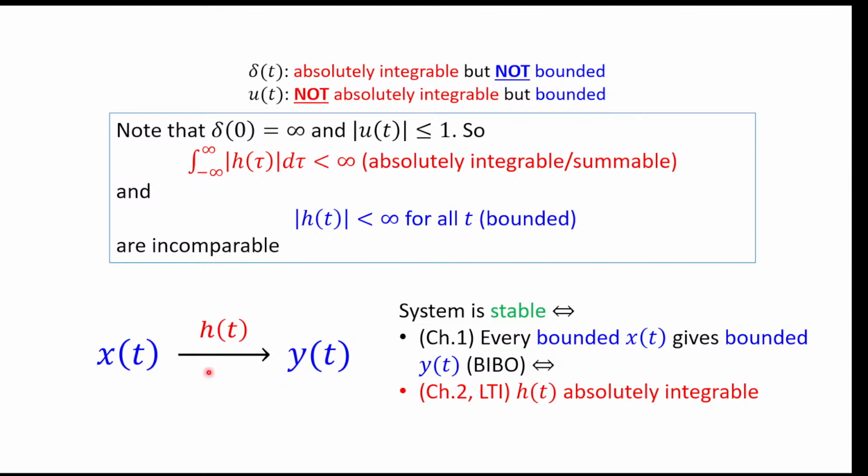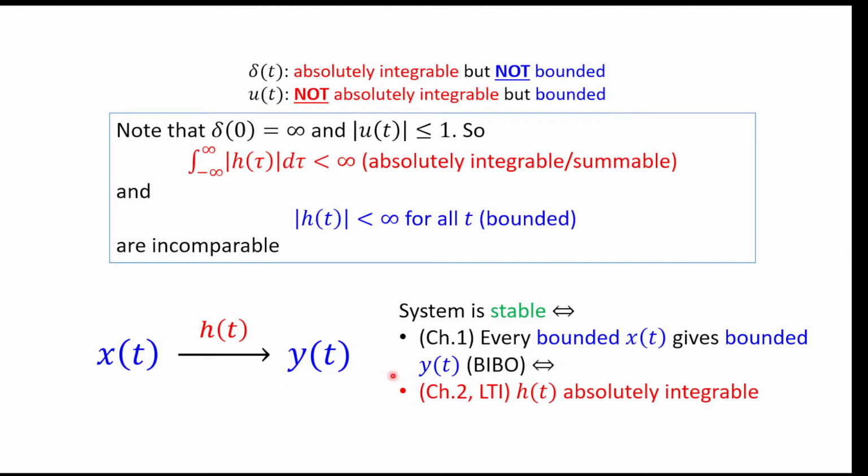So you can see the system described by h of t here, and we have two ways to describe stability: either by a relationship just between x and y, so bounded x gives bounded y, and that only happens when your h of t is absolutely integrable, or absolutely summable. So don't mix these things up. Don't say h of t is bounded, so the system is stable.